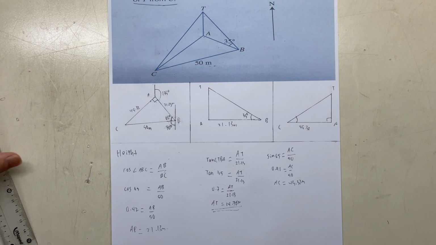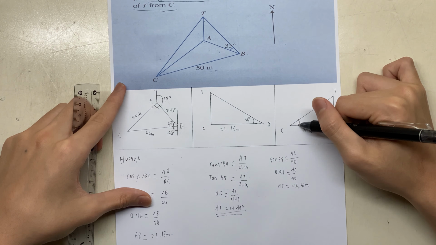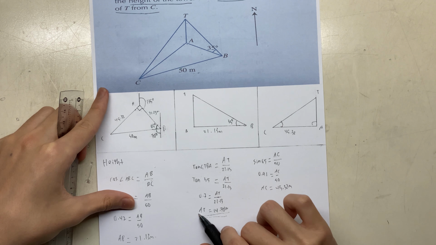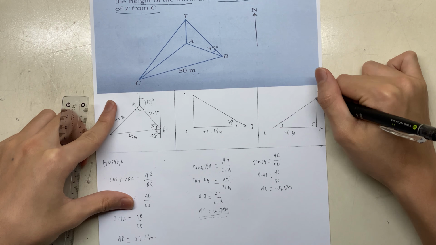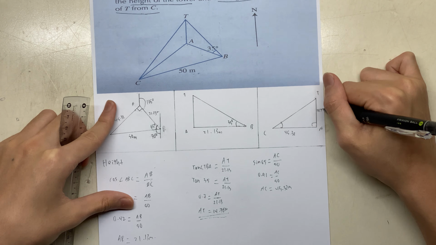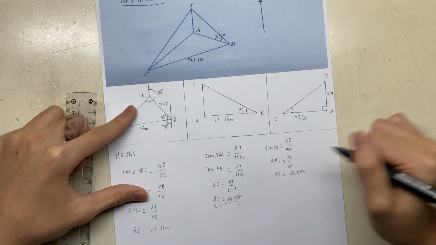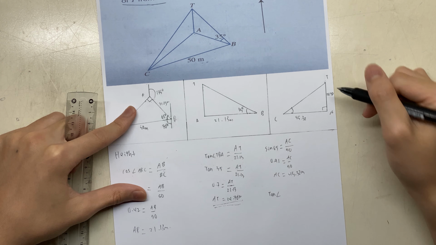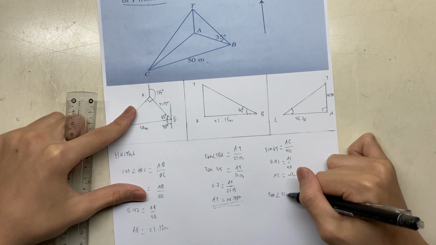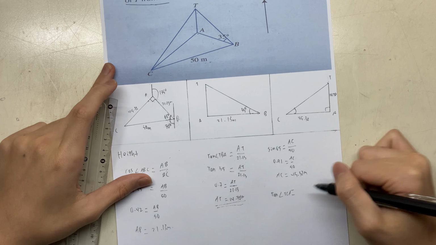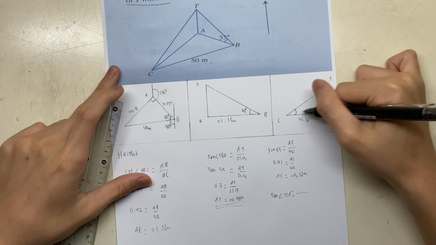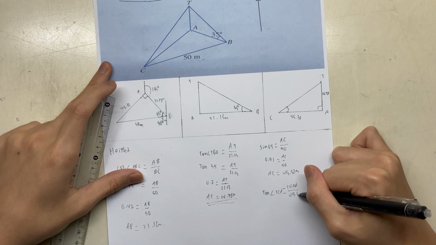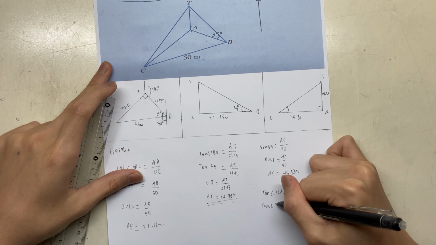We're now looking for this angle, and to find it we need this, which we already found here. AT equals 14.78. To find this angle, we use tan. Tan TCA is opposite over adjacent, which is 14.78 over the adjacent, 45.32.